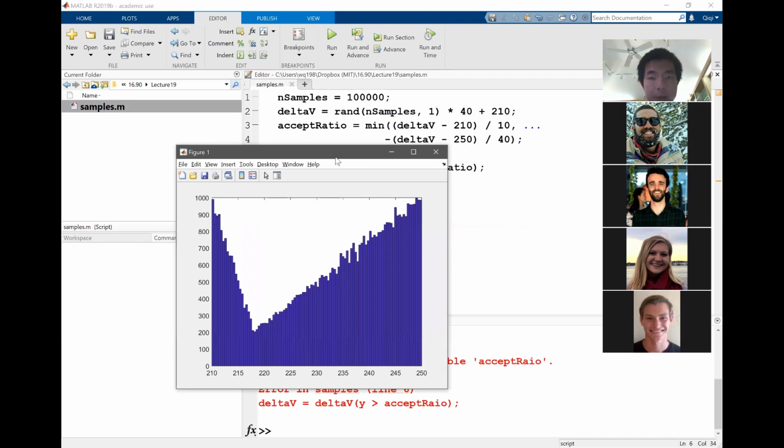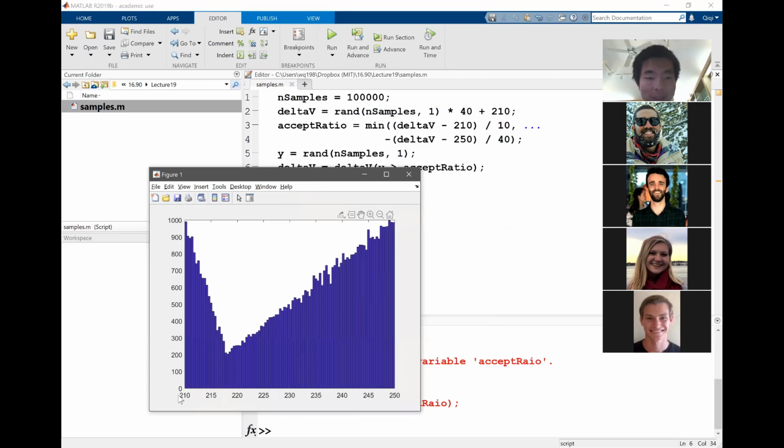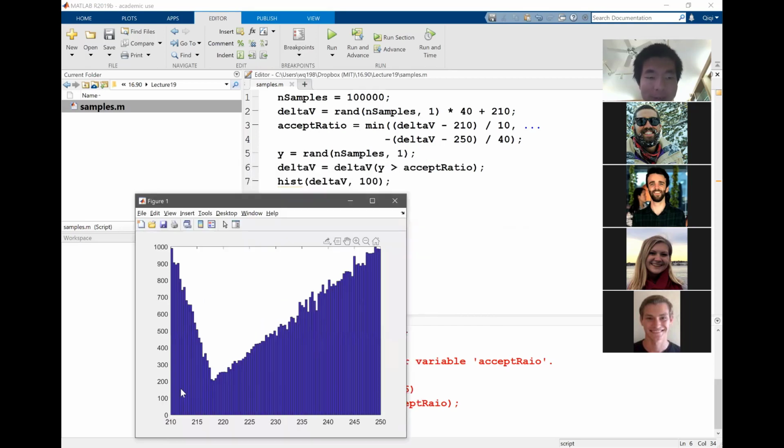oops, I must have made a mistake. It turns out it's almost the opposite of what I wanted, right? I want a distribution that starts at 0, peaks at 220, and goes down. So something is wrong in my calculation here. Oh, okay.